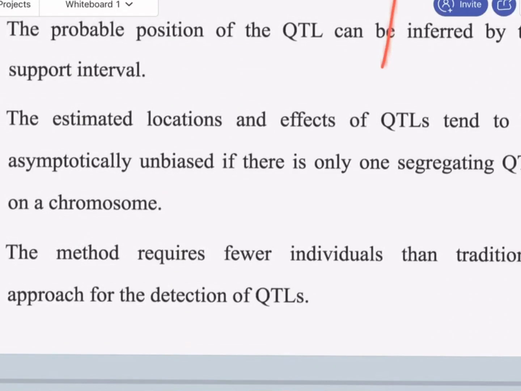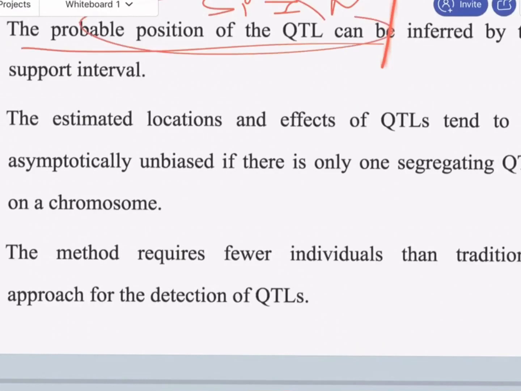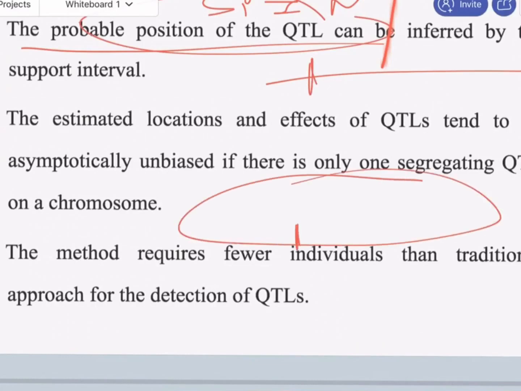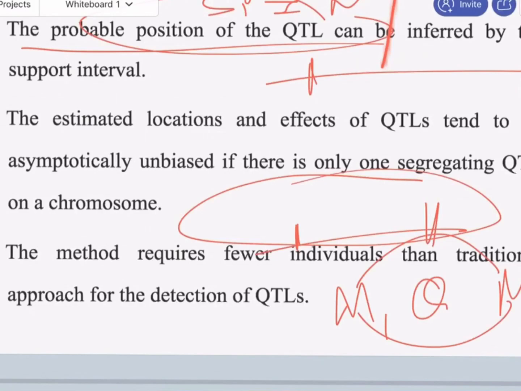In interval mapping, the first one is simple interval mapping. It gives information about the probable position of a QTL which can occur between the markers. Use of such linked markers for analysis compensates for the recombination between marker 1, marker 2, and the QTL.